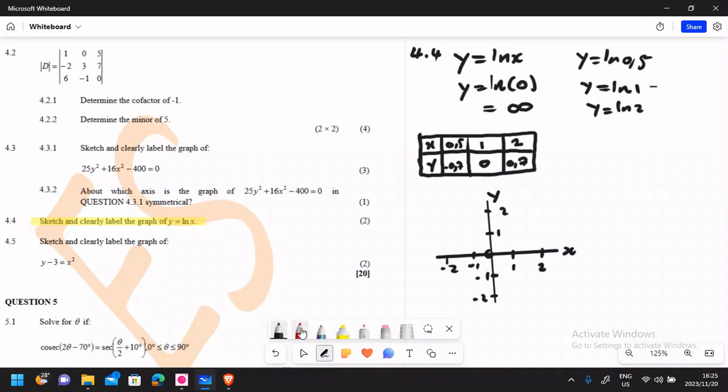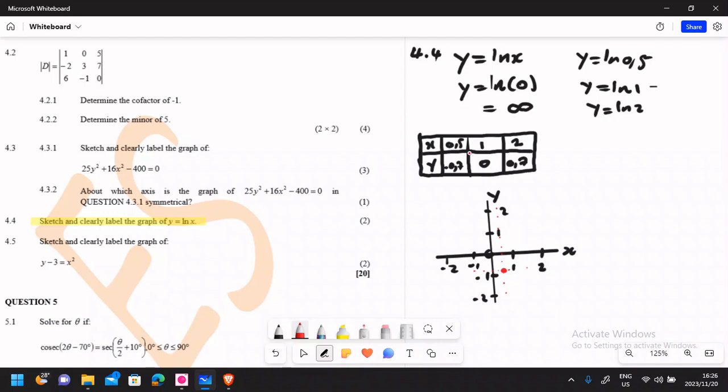All right, let's use the red pen. If x is half, half is somewhere in between here. Our y is going to be negative 0.7, so negative 0.7 is somewhere there, and where they intersect, you put a dot.